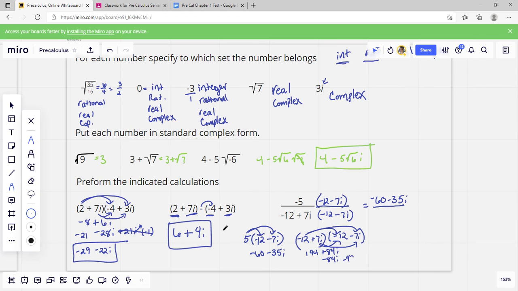Negative 49i squared, which would be negative 1. Negative 1 times negative 49 would be positive 49. So these are going to cancel, and I'm going to get 144 plus 49. That's 193. Okay. And that will definitely reduce.